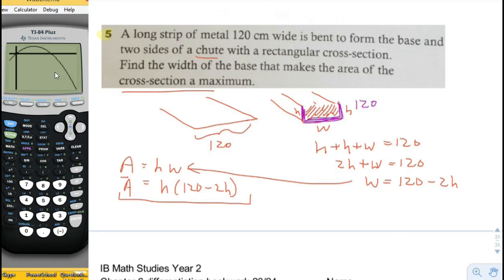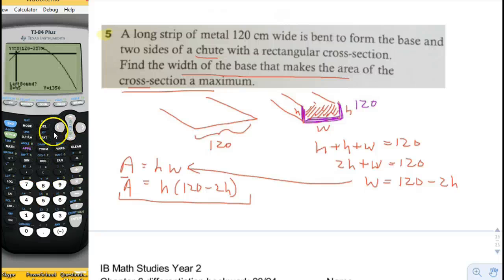Okay, and then it says, find the width of the base that makes the area of the cross-section a maximum. So when is the area maximum? It's right there. We'll do second calc, and we'll try to find the maximum, which is option 4. Oops, wrong place. I did the left bound in the wrong place, so I'm going to have to go back and start over again.